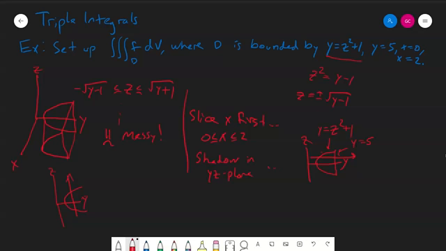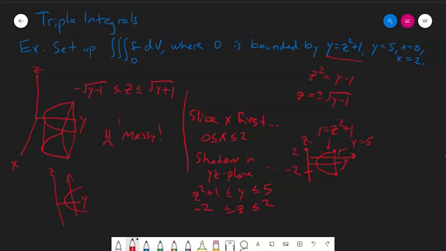So y goes from z squared plus 1 all the way up to 5. And then, for the last bounds, the range of z values, I just have to find the highest point and the lowest point. The highest point happens at z equals 2, because 2 squared plus 1 equals 5. And the lowest point will be at negative 2.